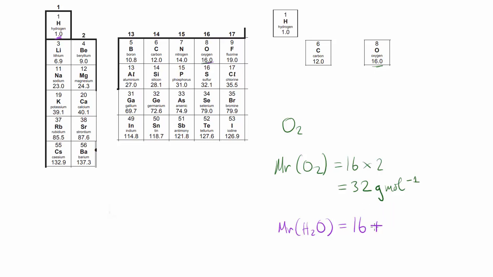So I'm not going to write the 1 because it's kind of redundant, but 16 plus 1 times 2. So 1 is relating to the relative atomic mass of the hydrogen. And of course, that's going to give us 18, right? So it's going to be 18 grams per mole.